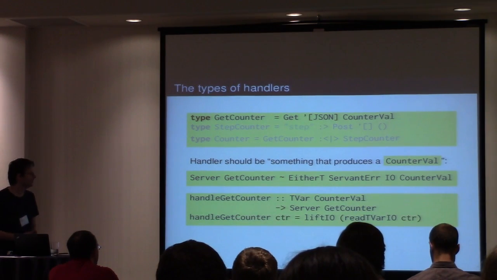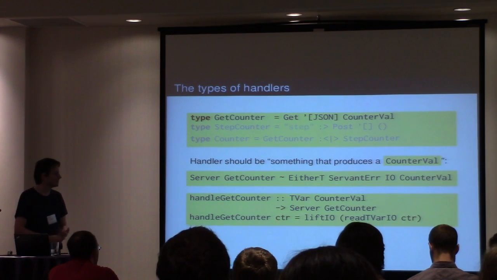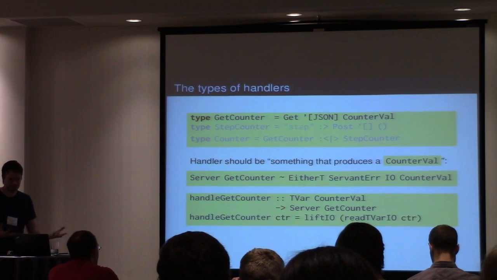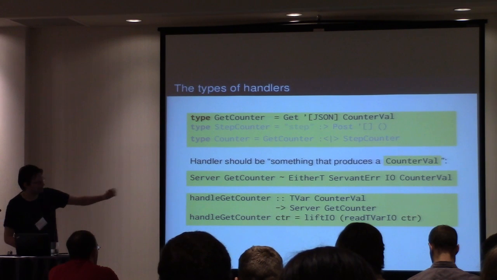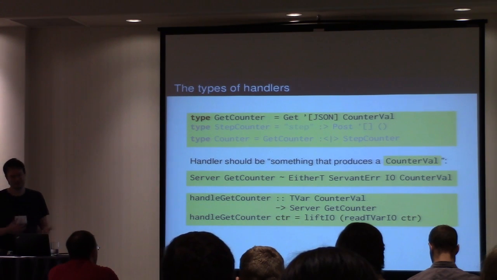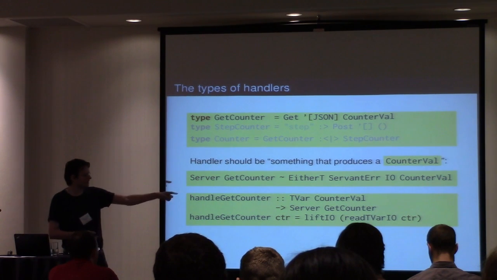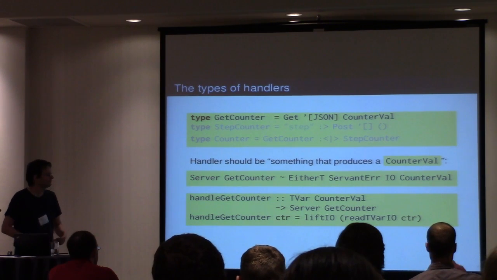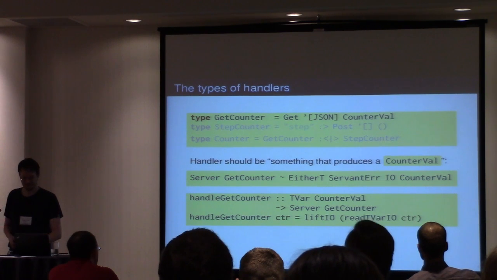And indeed, one possible implementation that we can use is to just assume that we have some globally given variable which contains the state of the current counter. I'm using a transactional variable here, which in Haskell has the advantage that it is automatically thread safe. And then I'm reading the value from that counter variable and returning it. And that is the handler for the get counter function.